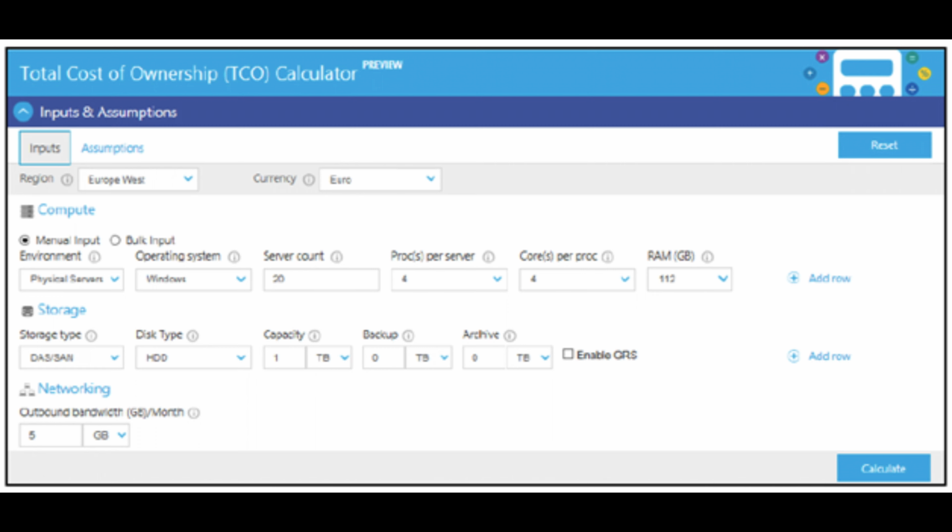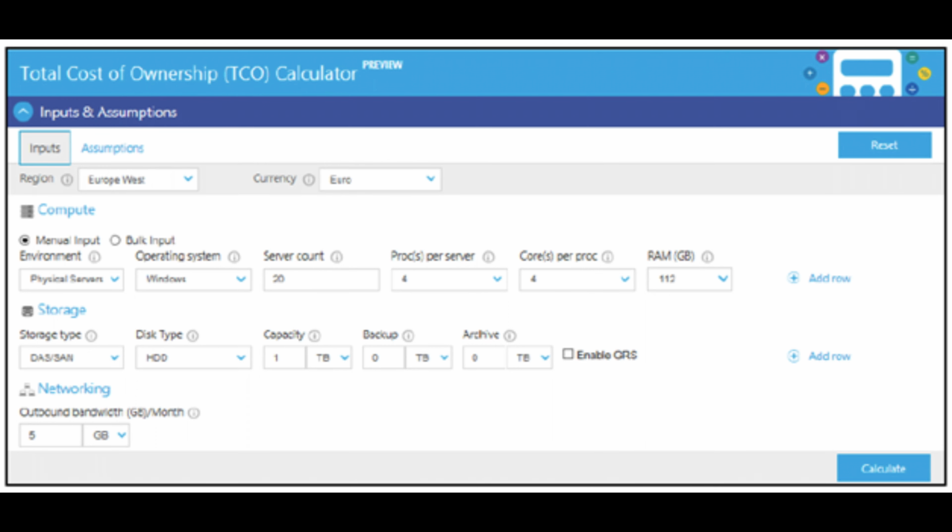With the TCO calculator, for the same server, you can estimate if we have it on cloud for a month. Either it is equal to $100, or maybe you are using that server a few days a month, then definitely on premises you are paying for a month, but on cloud you are paying for only those specific days. With the TCO calculator, you enter your configuration, add assumptions like power and IT labor cost, and are presented with an estimation of the cost difference to run the same environment in your current data center and in Azure.